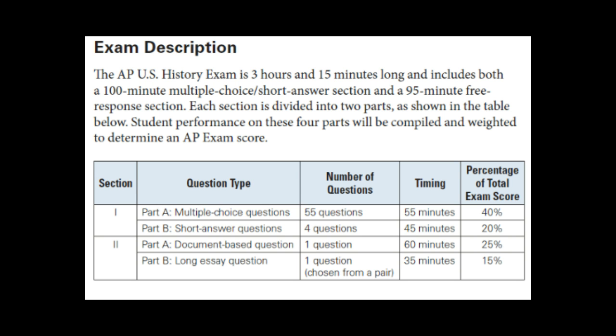The second part of section 1, the short answer questions, you'll be given 4 questions. You'll have 45 minutes to answer them, and that's worth 20% of the total exam score. An example of a short answer question might be something like this. You might be given an image to look at, and there's going to be 3 parts to the question.